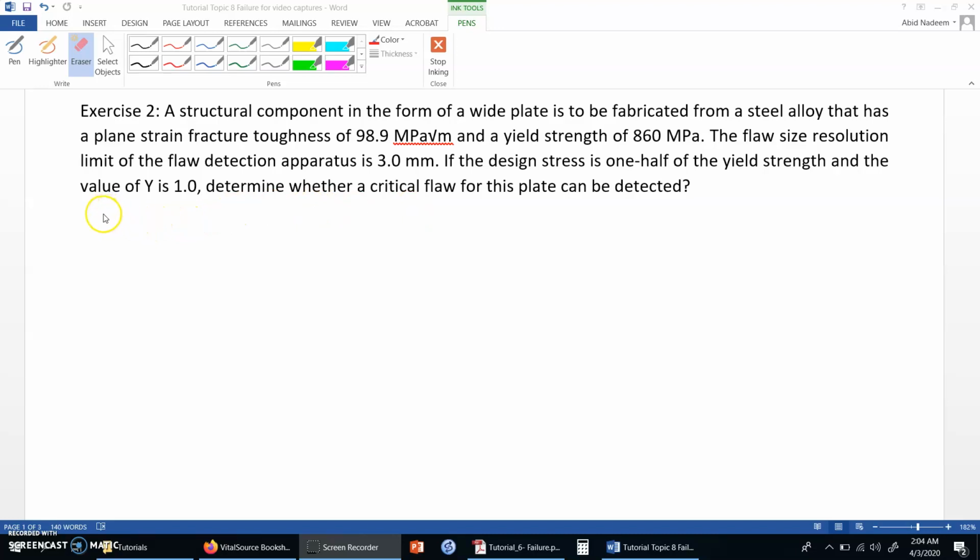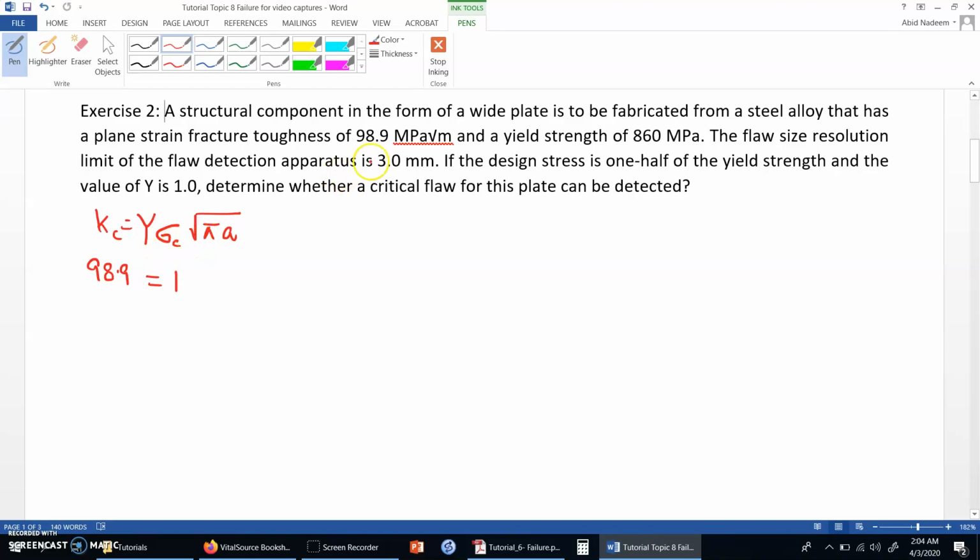So as in the previous problem, we have this equation again: Kc is equal to Y sigma c under root pi a. The fracture toughness Kc value is given as 98.9 megapascal square root of m. Y again is given as 1.